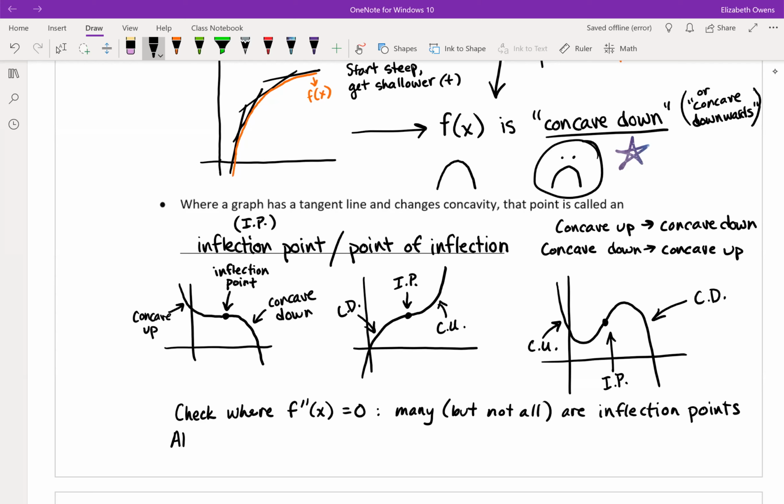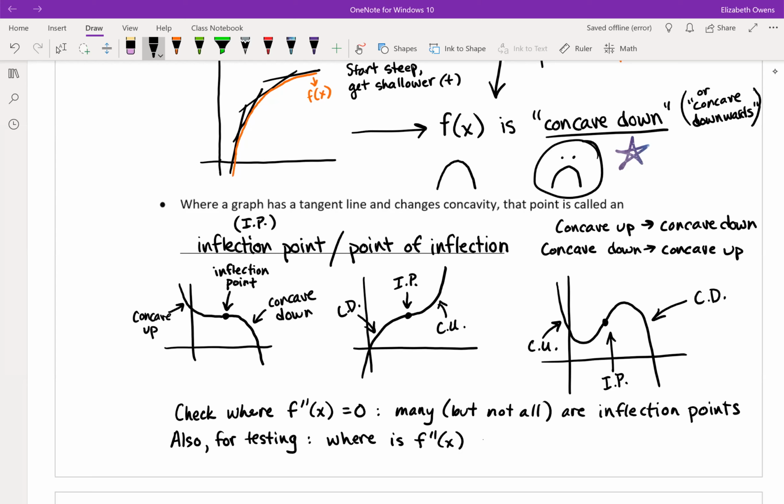Now, also, when we do our testing of a function, we're going to do something very similar to our first derivative test. We're going to set up some number lines. We're going to put points on those. We're going to test the second derivative in certain intervals. So for that testing, you are also going to want to know where f double prime of x is undefined. So make sure you also ask yourself that.